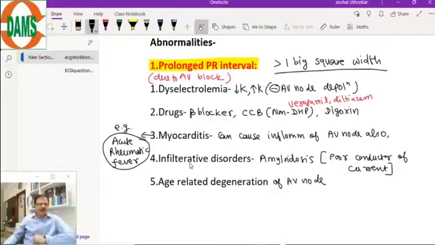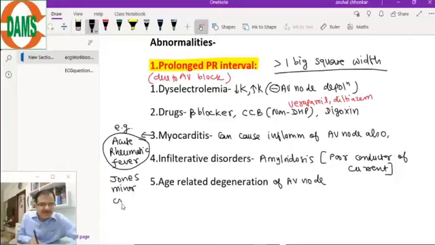Now correlate. All of you must have read Jones criteria of rheumatic fever, and in the Jones criteria, one of the criteria was PR interval prolonged. Minor criteria, Jones minor criteria. This is the reason for the Jones minor criteria in the acute rheumatic fever.